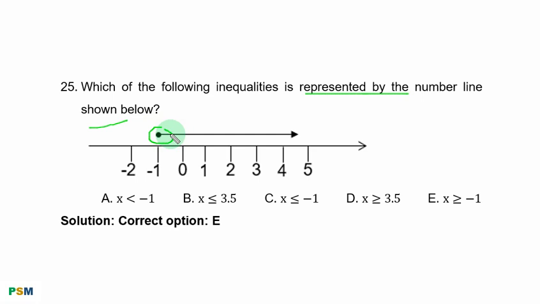In other words, to the right where the numbers are greater than -1. Because of this symbol, we have s greater than or equal to -1. The correct option is E.